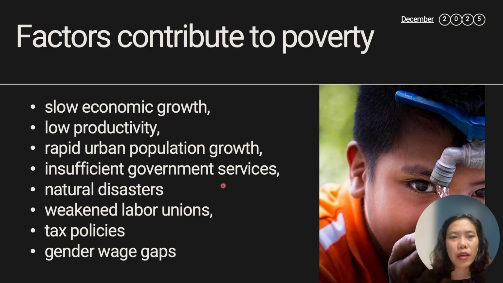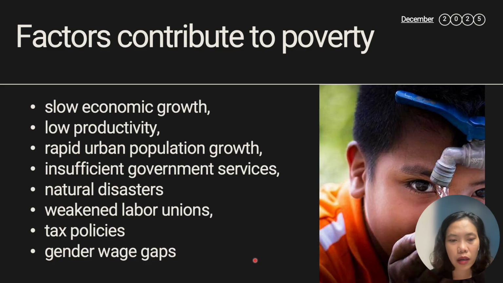So these are the most common, and there may be more. We have slow economic growth, so low productivity. We have rapid urban population growth, so insufficient government services. Natural disasters really affect us right now, especially the previous experience that we had in Bagyong Tino.